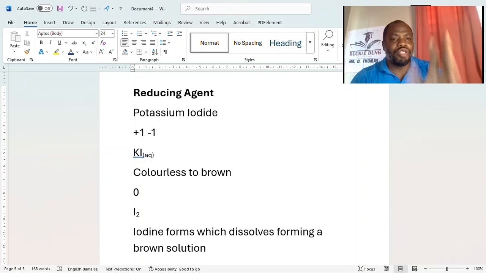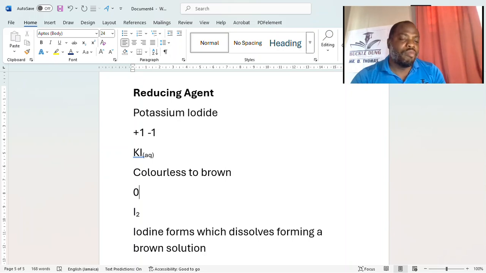Again, we said that the reducing agent is being oxidized. Oxidation is an increase. And a lot of times students make a little misconception because it's -1. If you think about your number line, you're actually moving to 0, so you're actually increasing. Students see the 0 and say, sir, but that's a 0.